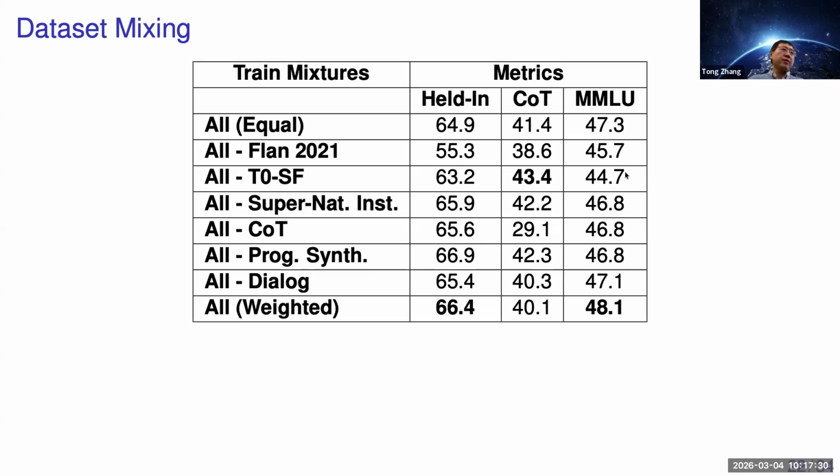MMLU probably matters more. Roughly speaking, weighted will be better. From weighting, you can see what is important, just by minus. You have all the data minus this one, and if the drop is high, it means this data is important.